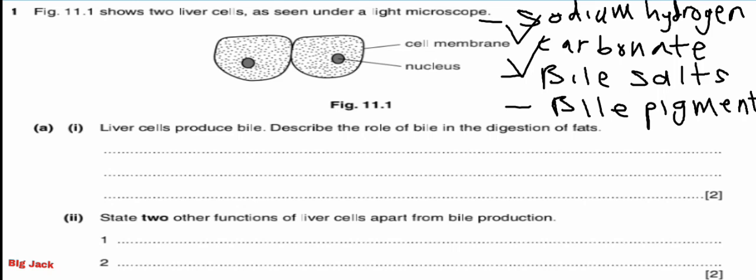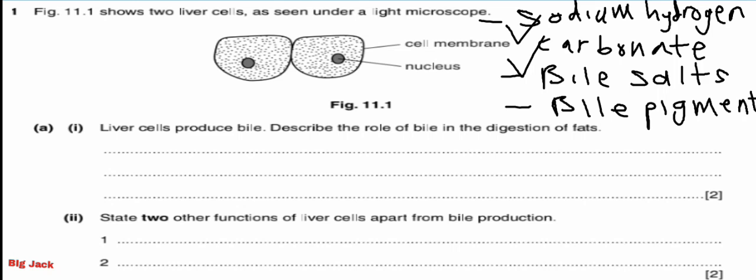You are going to find that once bile has been produced by the liver cells, it goes to the duodenum. Now, in the duodenum we have a pH of alkalinity, meaning it is not acidic but alkaline. When the food is coming from the stomach, it is going to have an acidic pH because in the stomach there is hydrochloric acid.